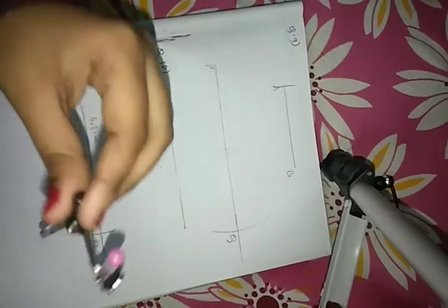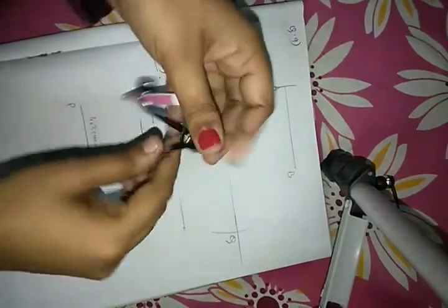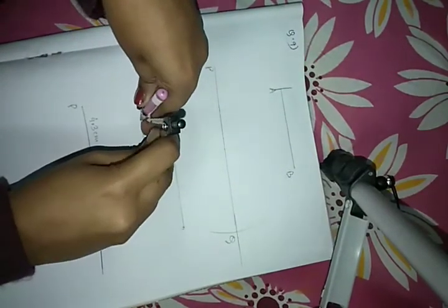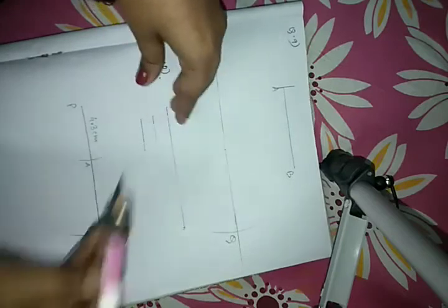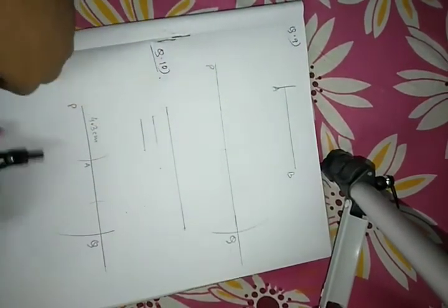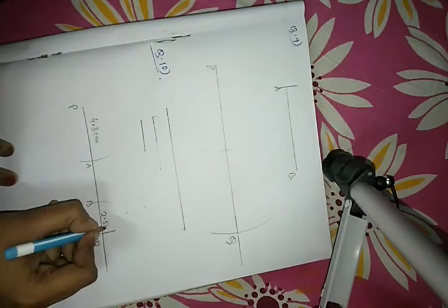Another line we have to cut, BQ. So Q is already here, B will be here. We will first take the length 2.5 centimeter. We will put the pointer on the point Q and draw here the arc. So this is BQ, which is of 2.5 centimeter.